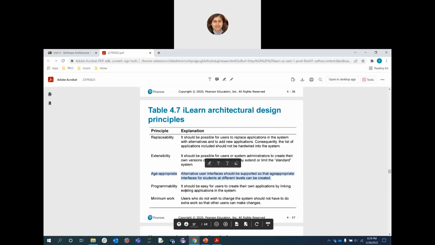Then comes the principle of programmability and minimum work. The programmability principle could be related to the iLearn system architecture, which can contribute to the system adaptability. And the fifth principle, minimum work, could be included to ensure that this adaptability will not adversely affect the users who did not require it.